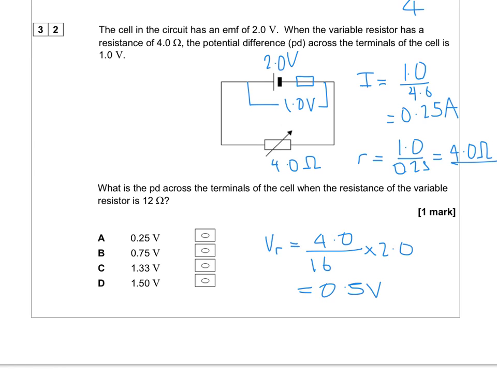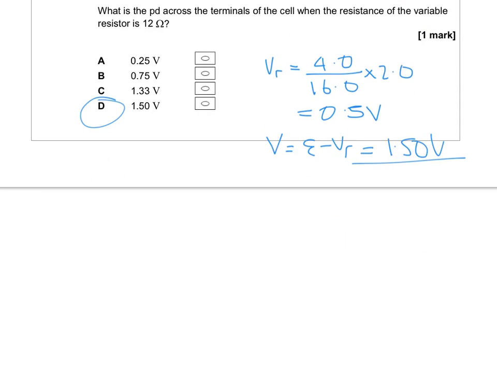And so the terminal potential difference reading would be 1.50 volts. So that one there. And the reason we can give it 3 significant figures is we can't, but it's multiple choice, so they're being annoying.